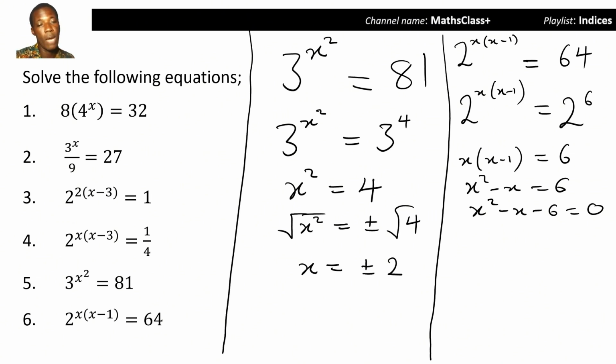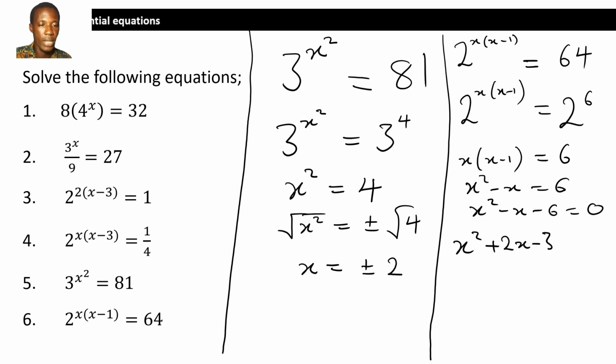I think that will be negative 3 and positive 2. So I will rewrite negative x as positive 2x minus 3x. Then minus 6 is equal to 0.